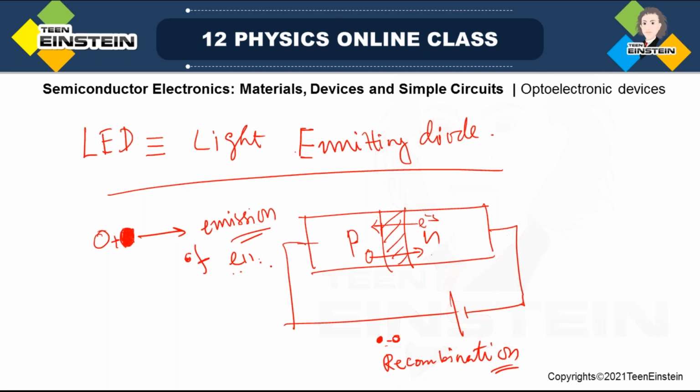Just a minute, I'll change the digital pen because it has some difficulties in sensitivity.